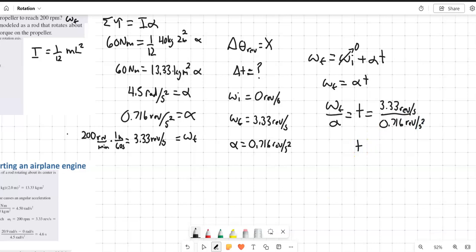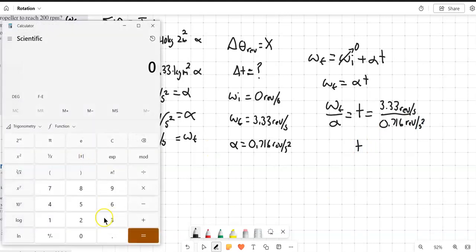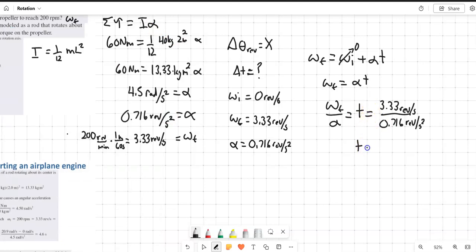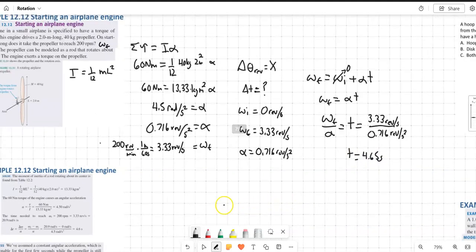Let's go ahead and do that right now. 3.33 divided by 0.716 is about 4.65 seconds. So here's what we're going to get: 4.65 seconds.